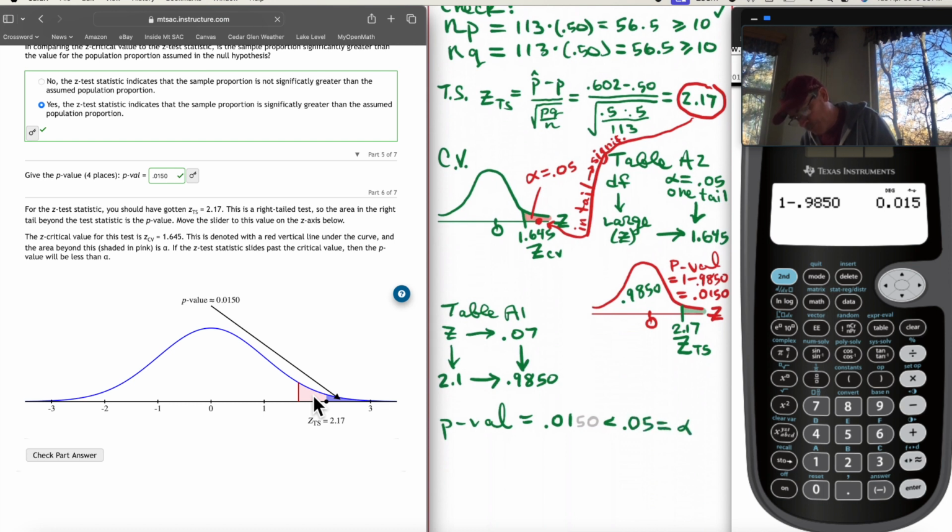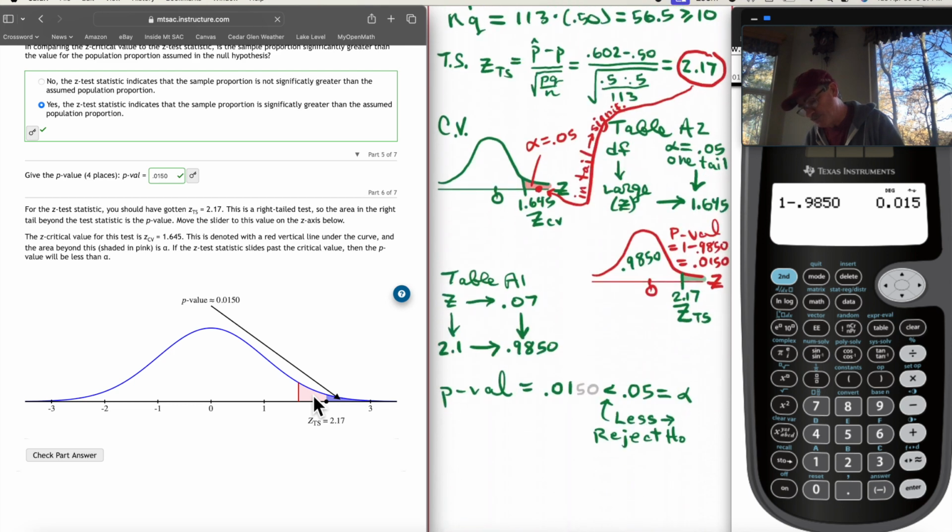Okay, and whenever it's less, we would reject the null hypothesis. In this case, let me be a little more careful here. I'm going to actually state what the null hypothesis said. It said up on the top here that P was 50%.